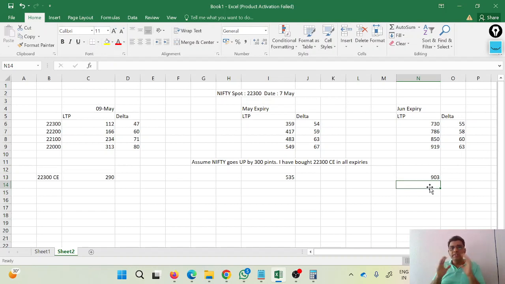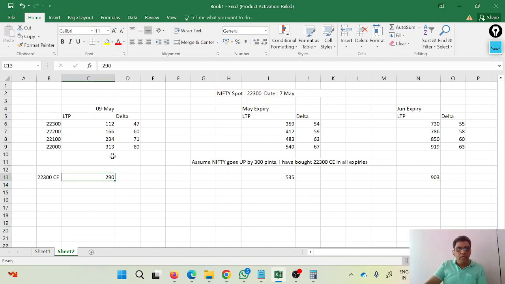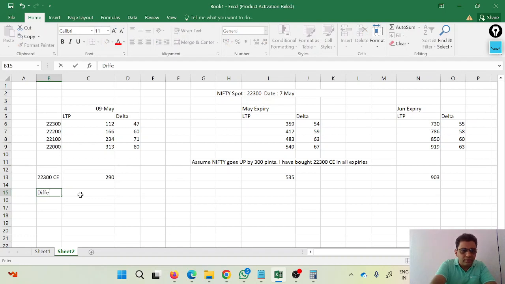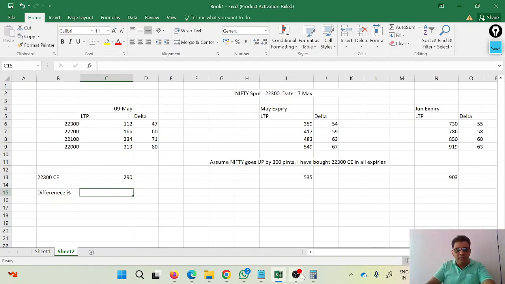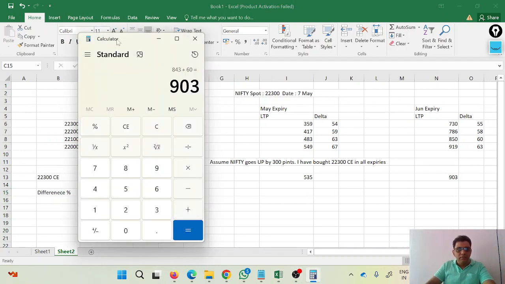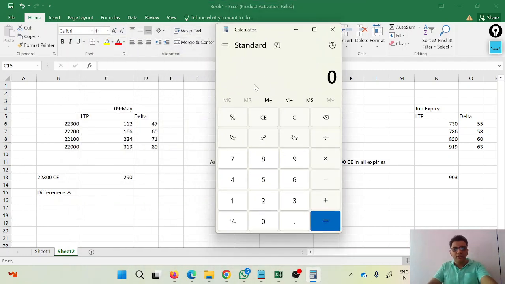Now, if you have looked over here, how much is the difference? I will write it down, the difference in percentage. Here, I bought it at 112.